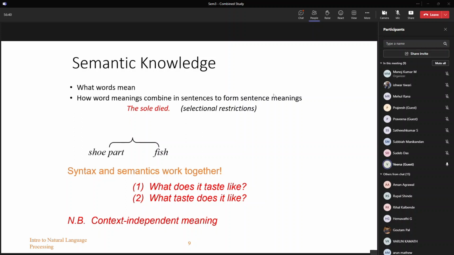So the meaning itself is changing here, right? We have used the same five words, what does it taste like, but when we change the order, the meaning itself changes.